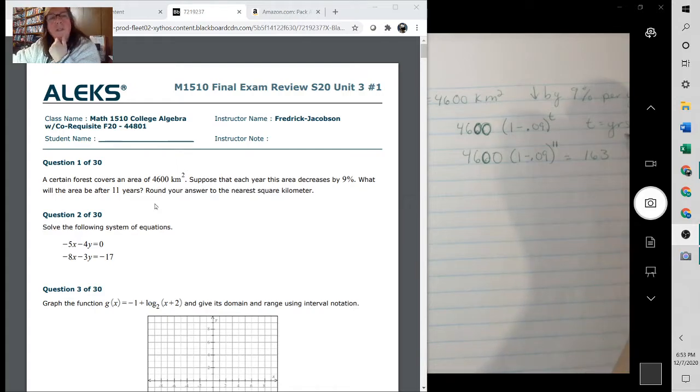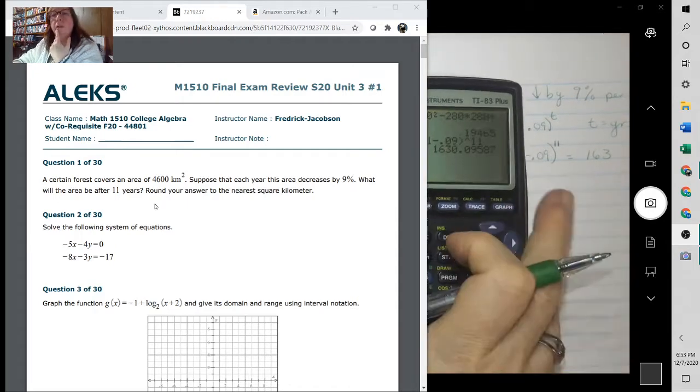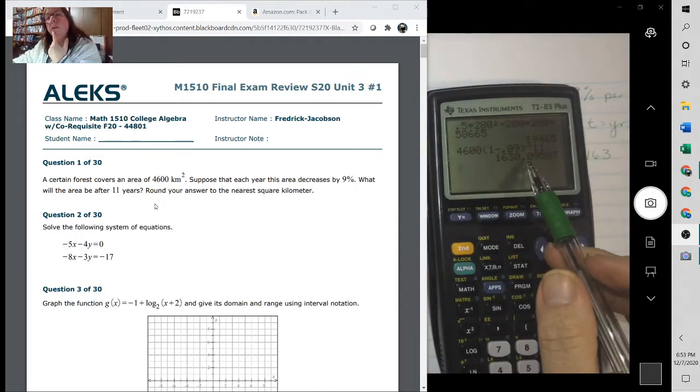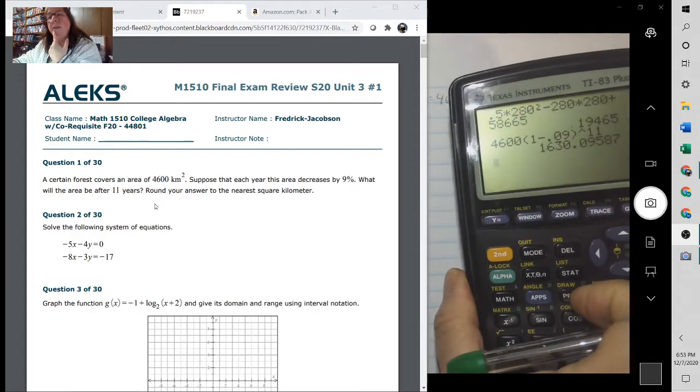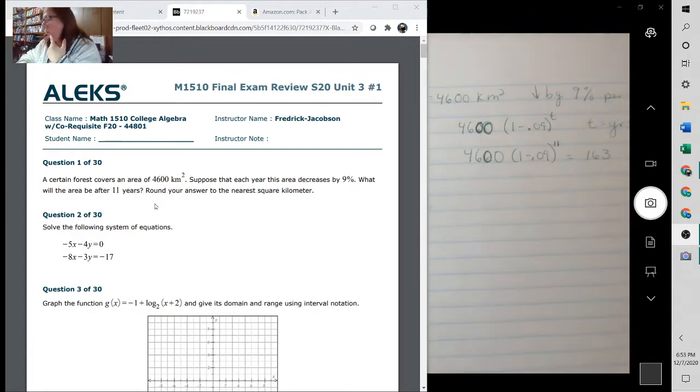Round your answer to the nearest square kilometers. So that would be the ones position, and that 0 leaves it at a 0, so it's 1630.